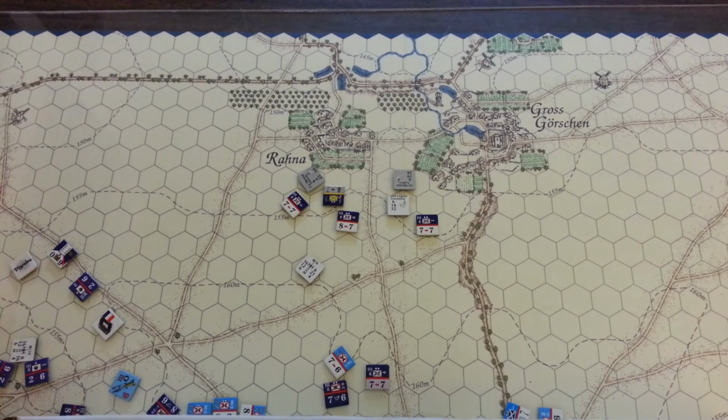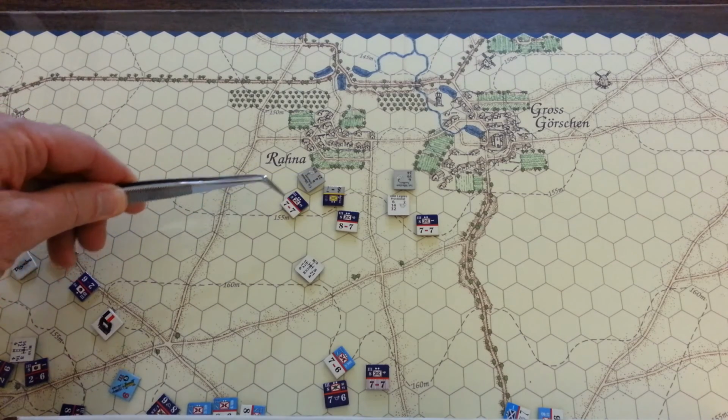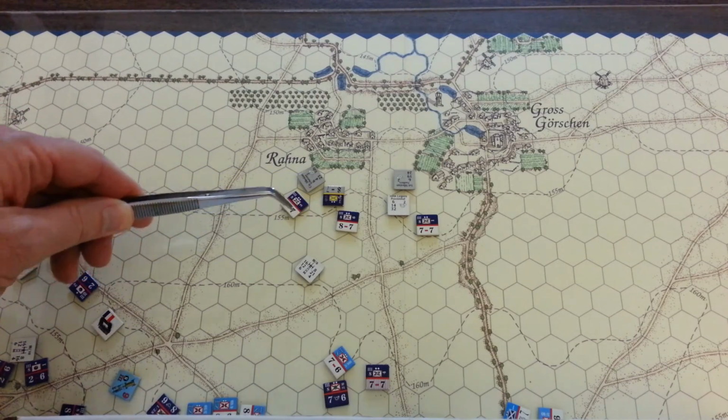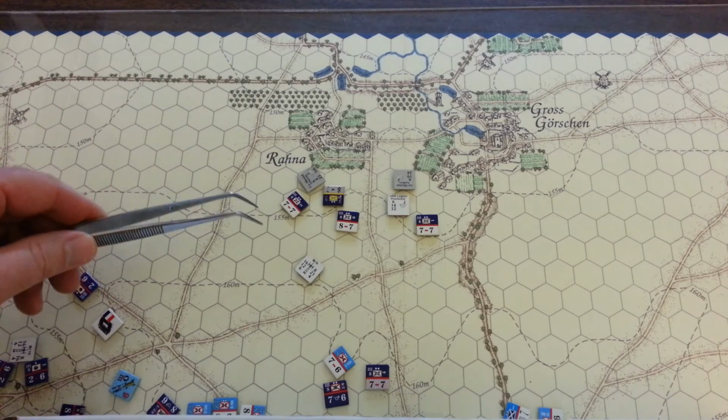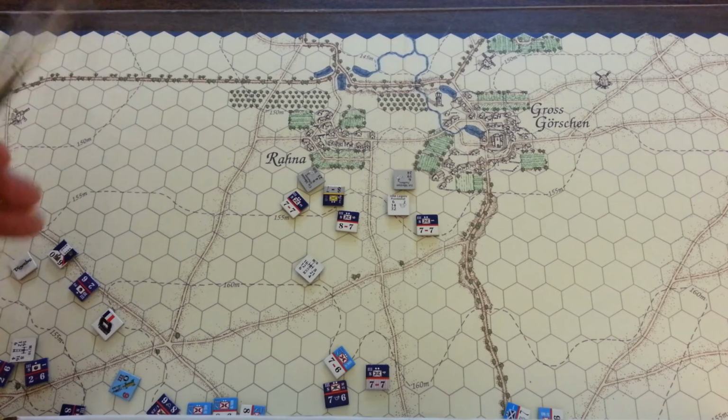I think the mechanics are straightforward enough. There's no question that the presentation of the different formations and branches of service and the different unit types give a lot of that flair and feel of the period that I think many of us like so much.